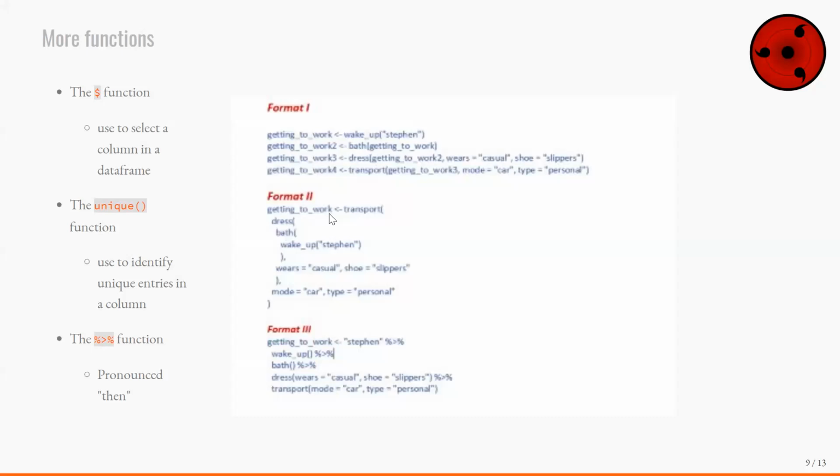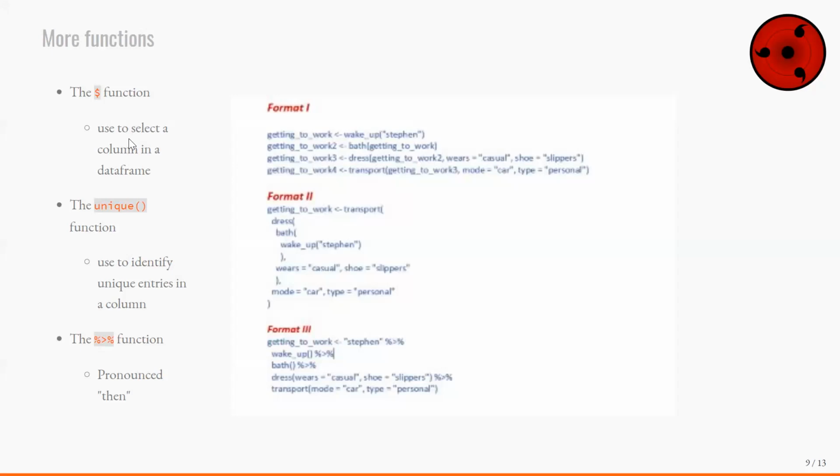Okay? The first function is the $ sign. What the $ sign practically does for us is that when you have a table, rectangular with columns and rows, let's assume that you have assigned it a name, my data for example, or let's call it demo data, like the one we're going to use. And we said our demo data has a column called age.